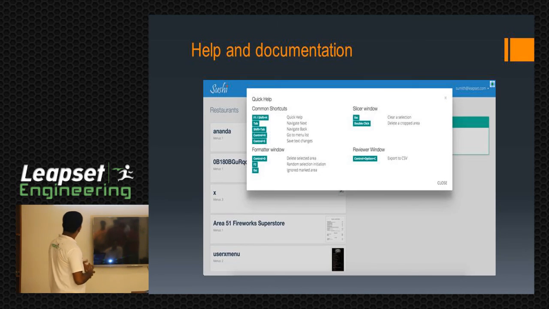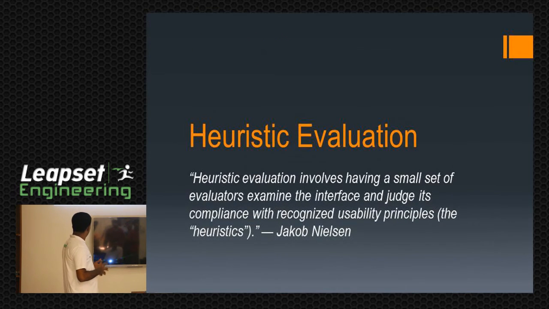This method was coined by Jakob Nielsen, a renowned person in the usability field. Heuristic evaluation involves having a small set of evaluators examine the interface and judge its compliance with recognized usability principles, or the usability heuristics. That's what heuristic evaluation is.